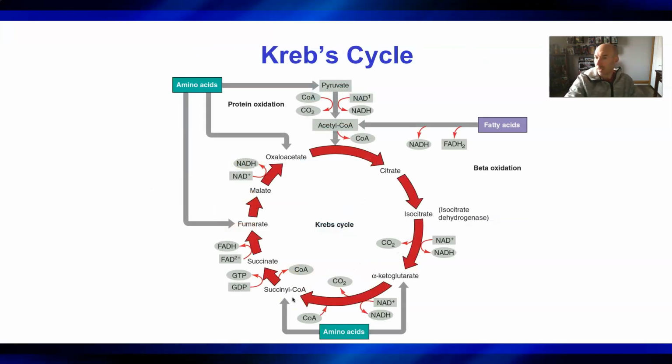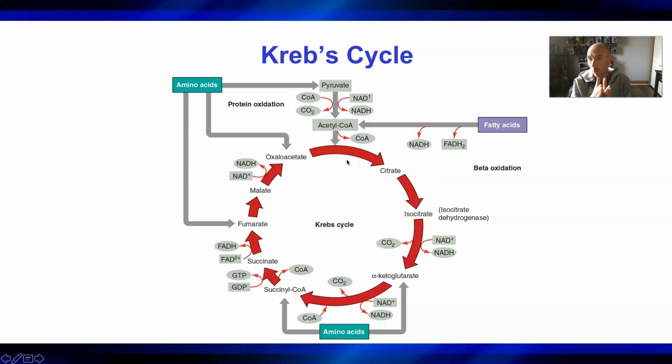We're not going to review this. I just wanted to point this out to you all. This is what the first stage of aerobic energy production is, the Krebs cycle. And again, as our energy systems go from 1, 2 to 3, they get more complicated. This is a complicated cycle. Essentially what we're doing with the Krebs cycle is stripping out hydrogens from the acetyl-CoA molecule.